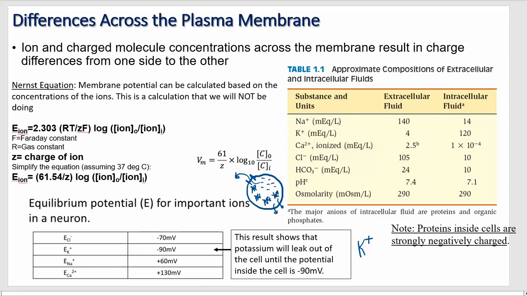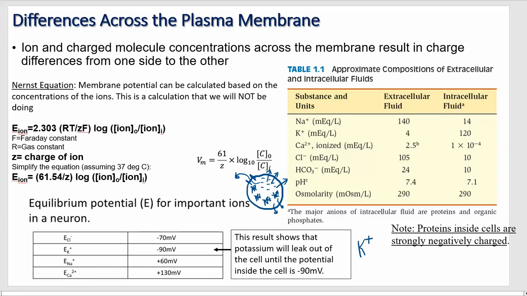It'll be like, okay, I like this concentration difference. I like the fact that it's minus 90. It's a lot more negative in here, and I'm a positive ion. That's where it's going to be satisfied. That's where it's going to reach an equilibrium, when it's minus 90 in the cell. But as long as it's above that, the potassium is going to be leaking out. And that's something else we're going to talk about, these leak potentials.